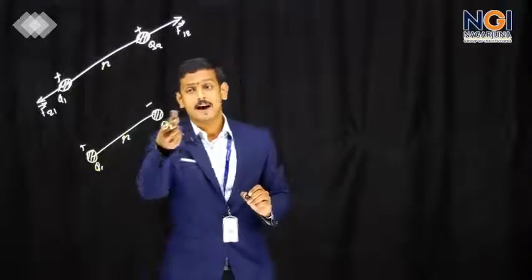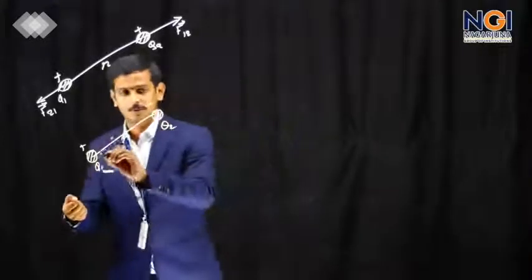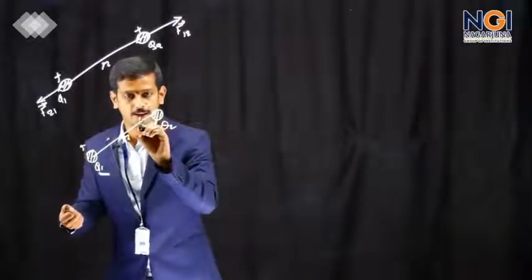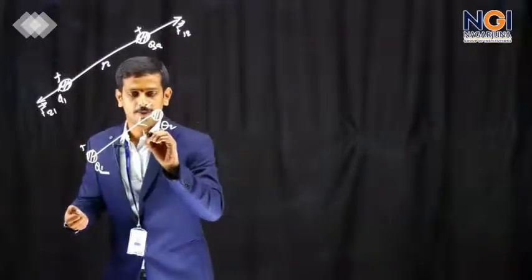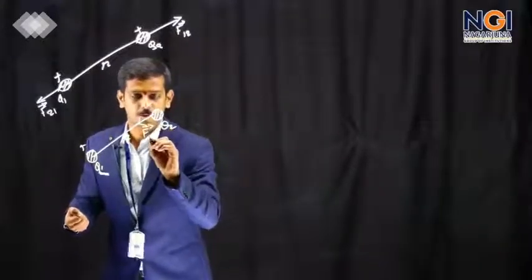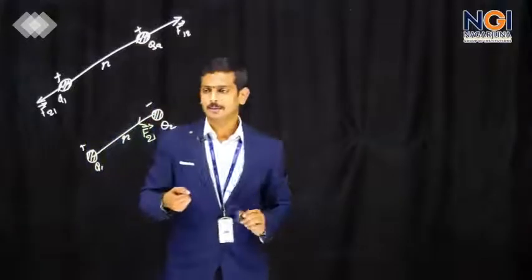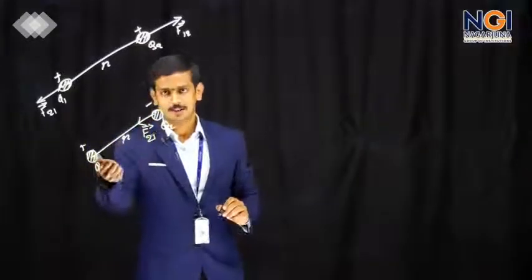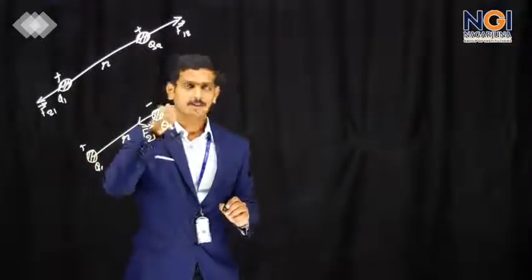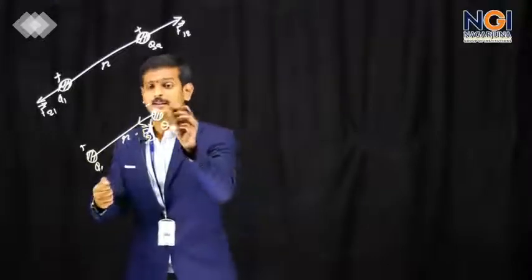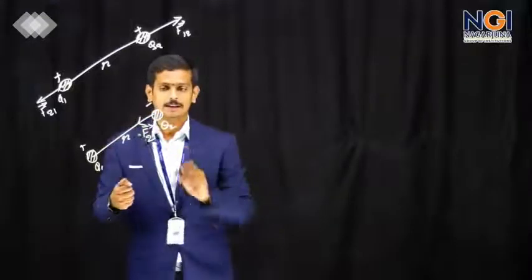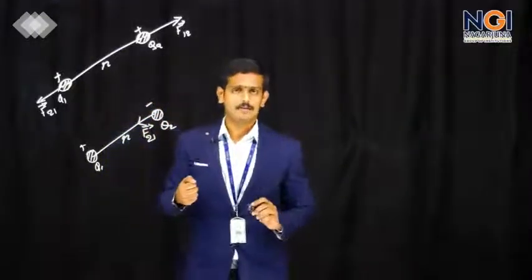Unlike charges attract each other. So the force of Q1 falls on Q2, again the force attracts, and here we get the vector F21. Why am I taking 21? Because the charge Q1 falls on Q2, and the resultant attracts, and the force of Q2 is going towards Q1. That is the vector F21.